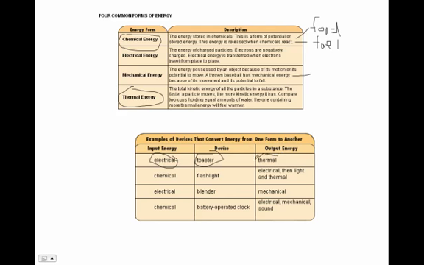So the output would be thermal. Don't get me wrong, toasters have other forms of output energy, but they're unintended. For example, if you shut the lights off and you turn your toaster on, the toaster does give off a little bit of light energy.